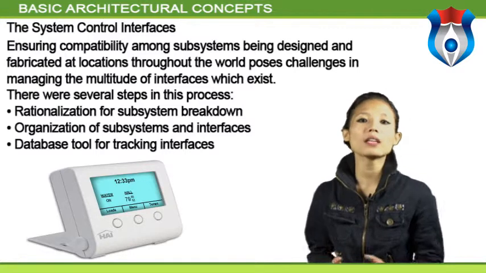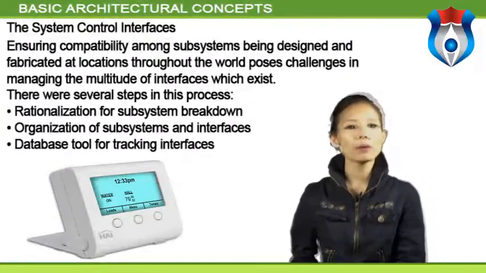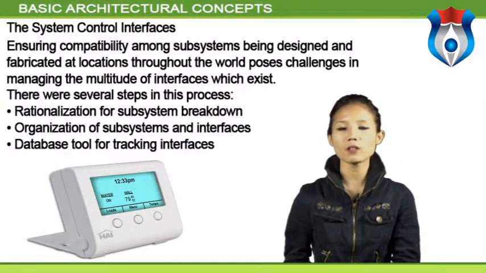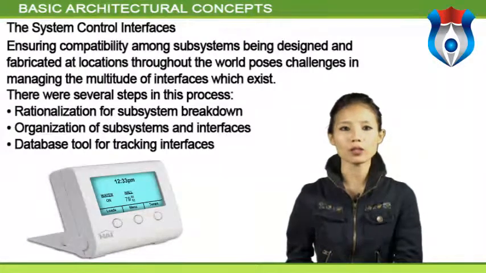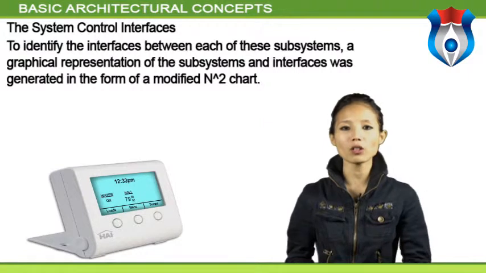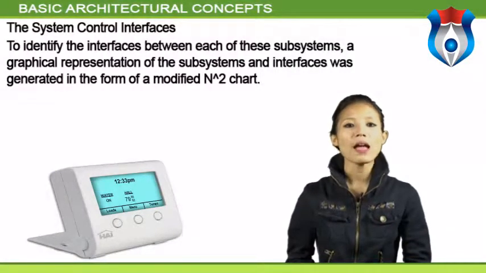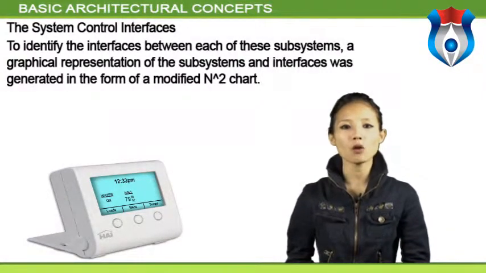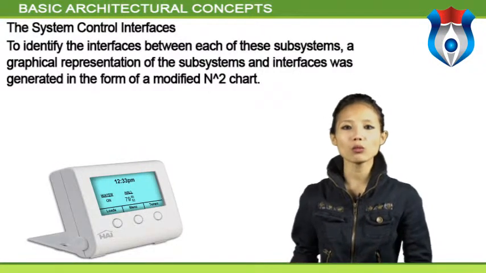Both are to be defined in the interface control documents and drawings, but the priority is placed upon interfaces which cross group boundaries. To identify the interfaces between each of these subsystems, a graphical representation of the subsystem and interfaces was generated in the form of a modified N2 chart.